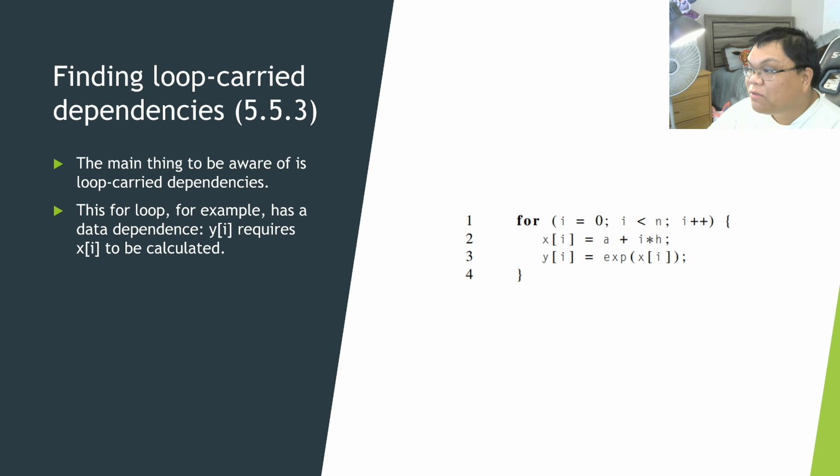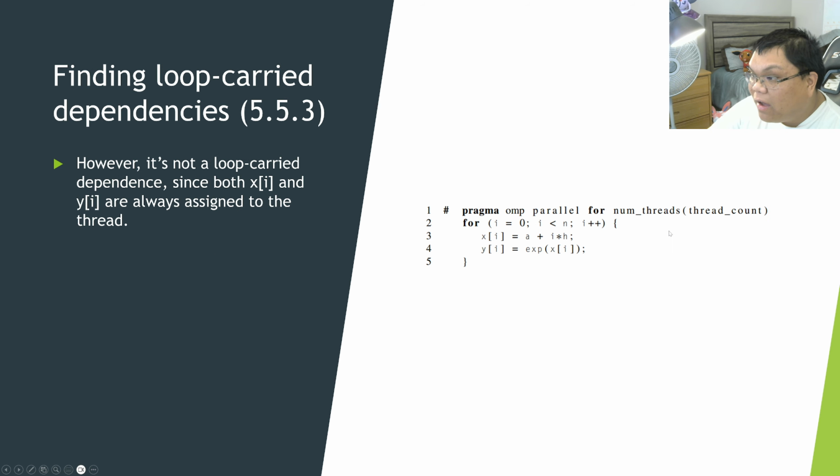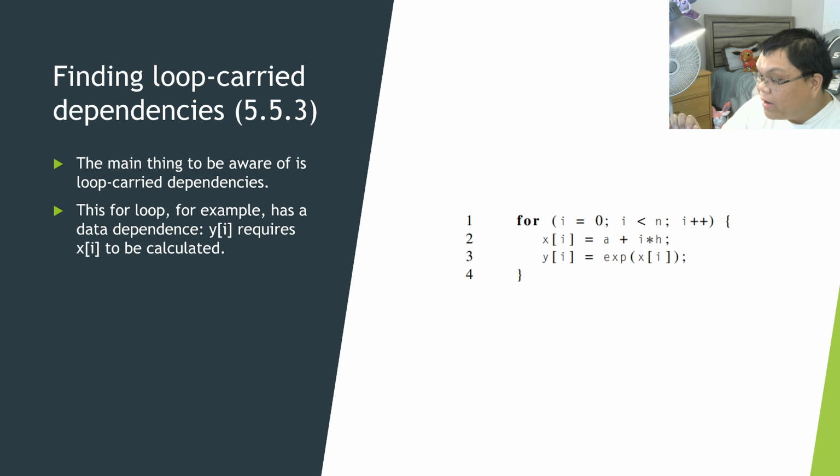Basically what that means is we cannot swap the order of x_i and y_i being calculated, but no part of that for loop requires that the next value be calculated from the previous value. So nothing about y_i needs y_(i-1). Nothing about x_i needs x_(i-1). So we have a data dependence, but it's not a loop carry dependence.